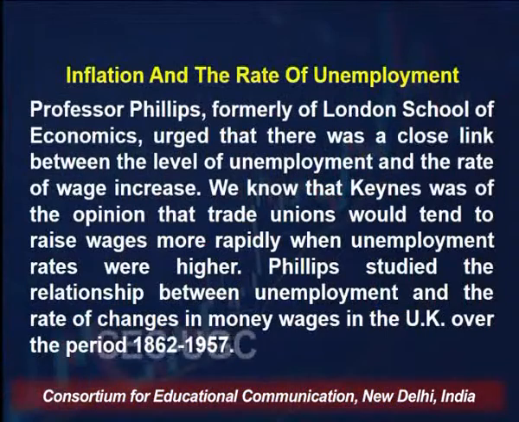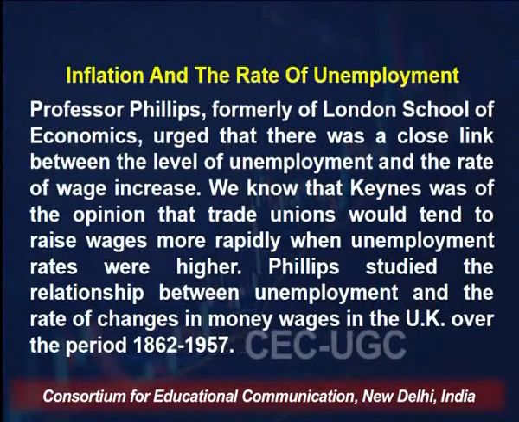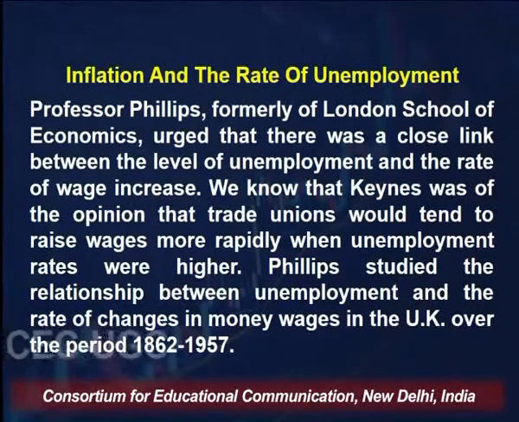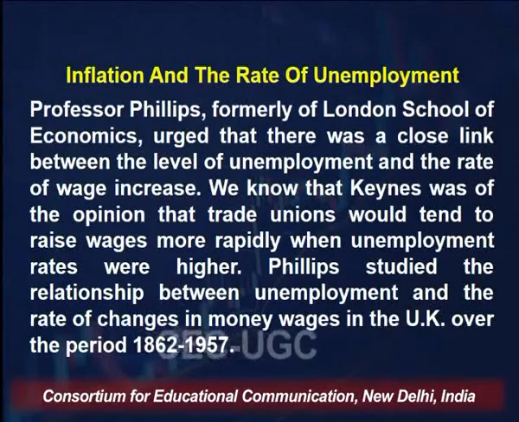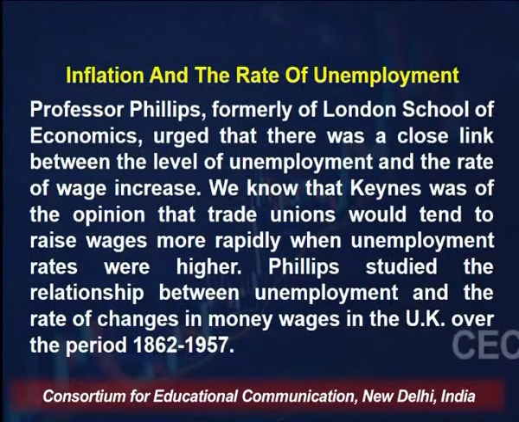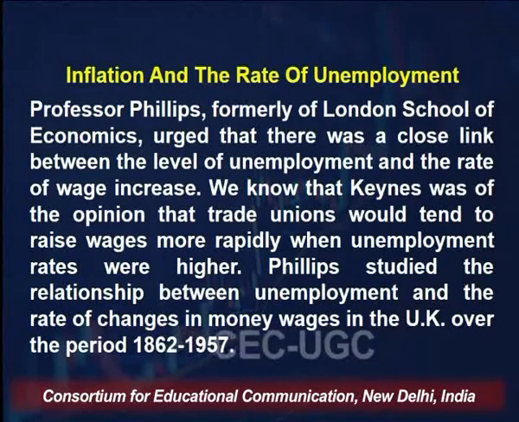Professor Phillips, formerly of London School of Economics, urged that there was a close link between the level of unemployment and the rate of wage increase. We know that Keynes was of the opinion that trade unions would tend to raise wages more rapidly when unemployment rates were higher.